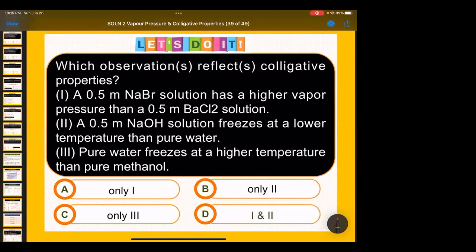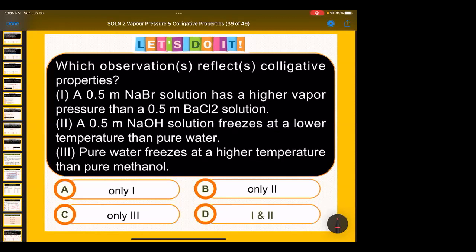Miraj, any idea, what are you doing? Tell me quickly. Hanifa, Samara, what could be the answer? So which observation or observations are due to colligative property? Yeah, Hanifa, tell me. I'm not sure.